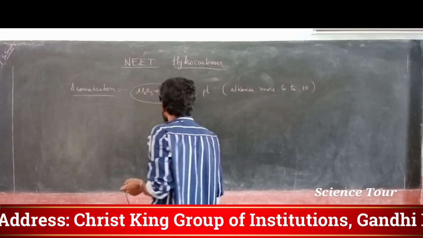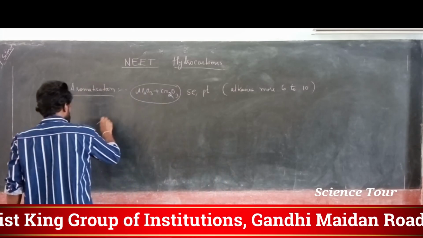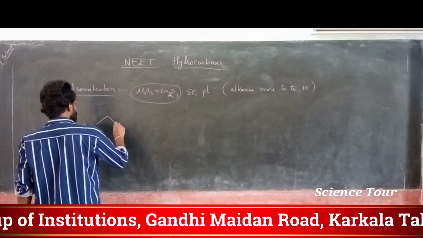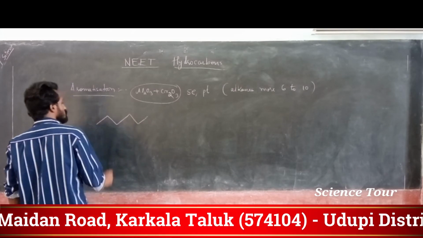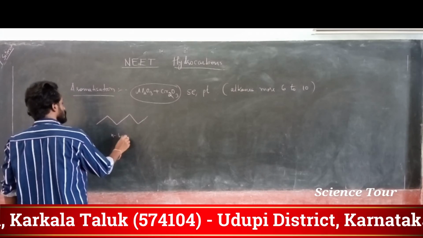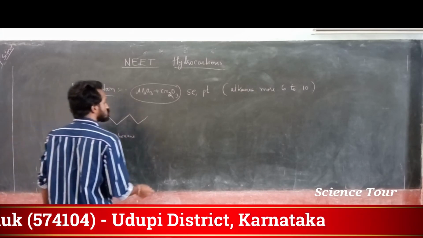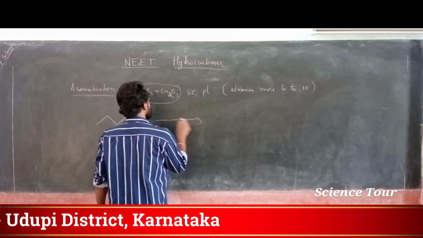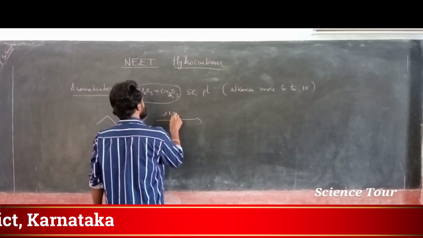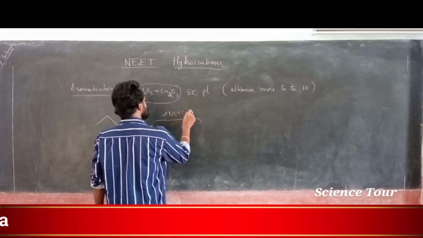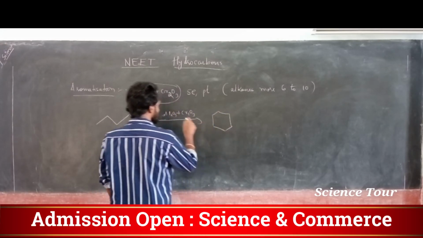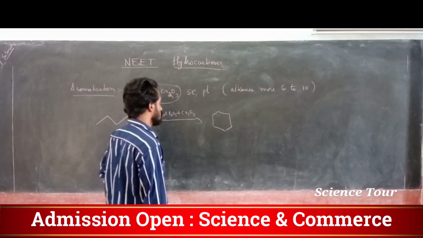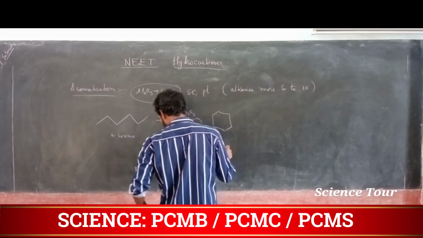Okay. For example, 1 2 3 4 5 6, this is N-hexane, correct? Bond line structure, correct? So it will undergo aromatization in the presence of Al2O3. First it will form, my dear students, just cyclohexane. By treating with Al2O3 and Cr2O3, it forms cyclohexane.